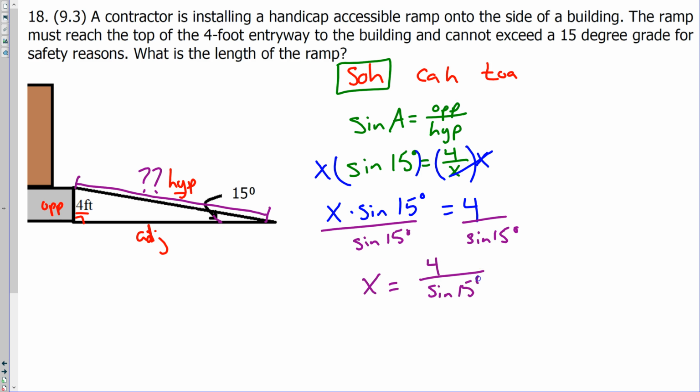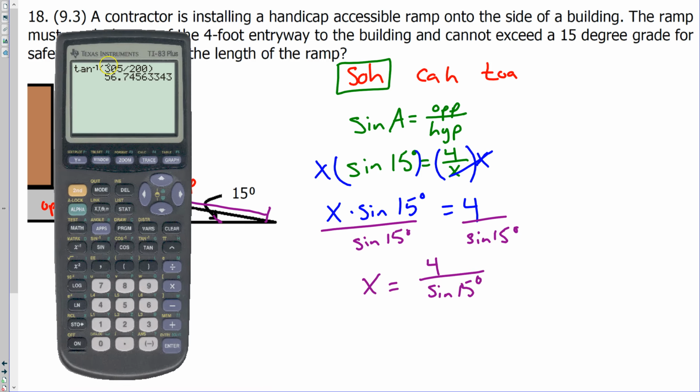That's the exact value. But we need to type it into the calculator to get our decimal value. So 4 divided by sine 15 degrees, and we get 15.45.